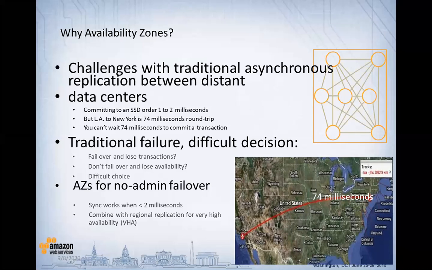To avoid those failures, there are more availability zones, and if there is a failure, they can hand over the control to the other zones. Such problems, failover or lost transactions, can be solved using data center replicas.